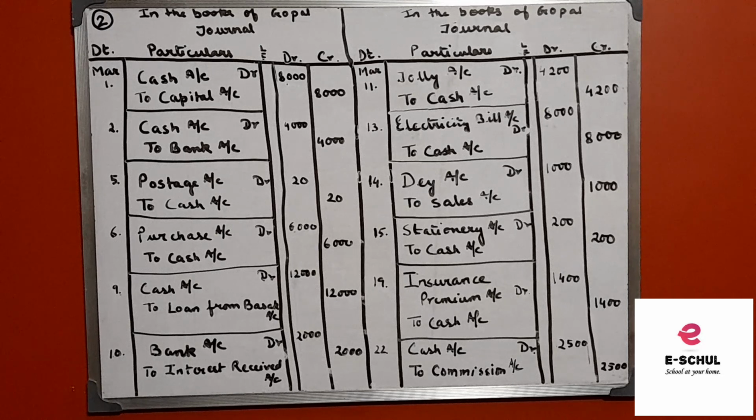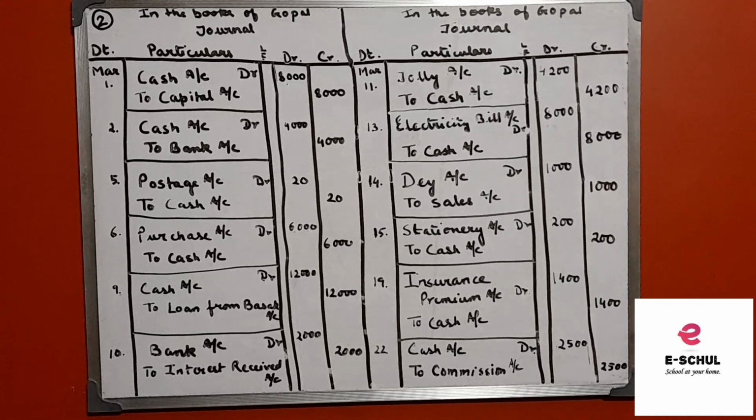But here it is just said paid insurance premium. That means it is the insurance premium of the business. So I can't treat it here as drawings. I have to treat it as a plain and simple nominal account. Insurance premium account, expense, debit to cash. Cash is going out, so credit.